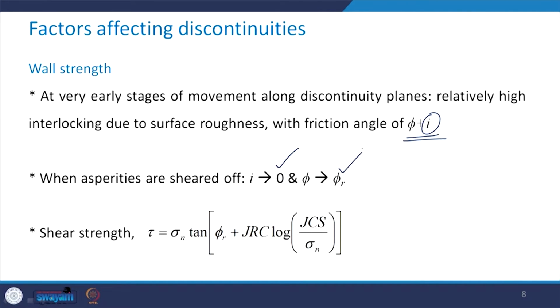In that case, your shear strength can be given by this expression: sigma n tan of phi r plus JRC log of JCS upon sigma n. When the asperities are sheared off, this will become equal to 0 and phi will tend to phi r. Therefore, this term will become equal to 0.